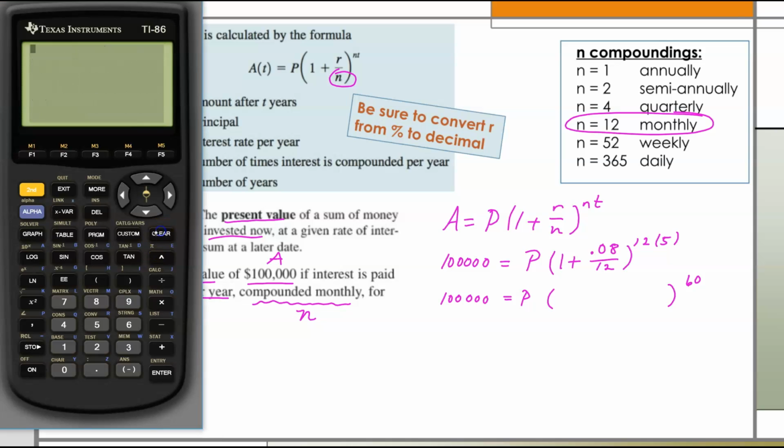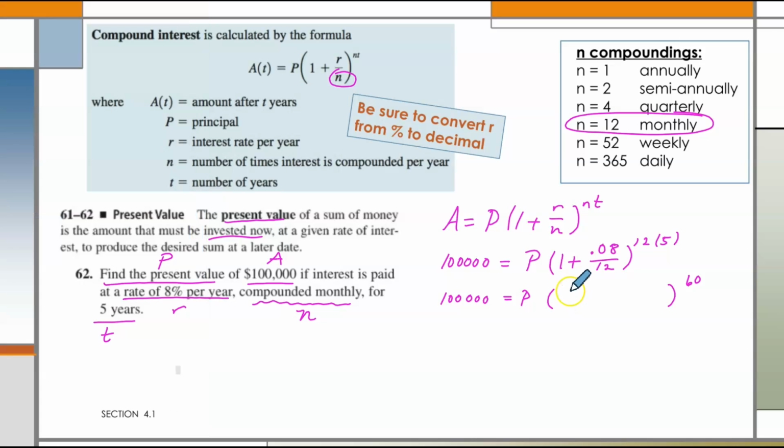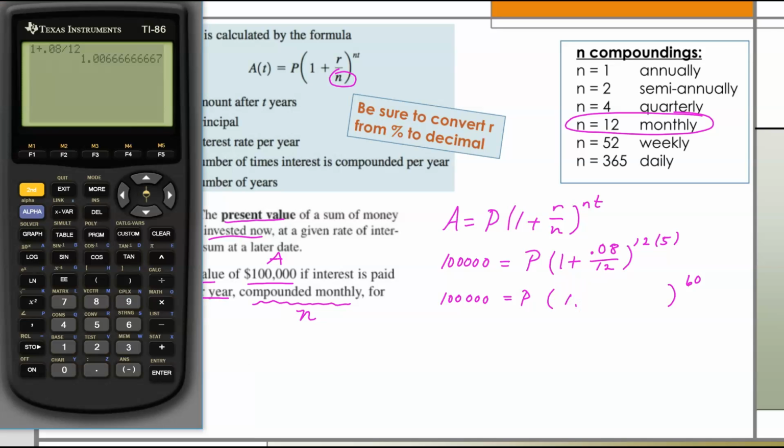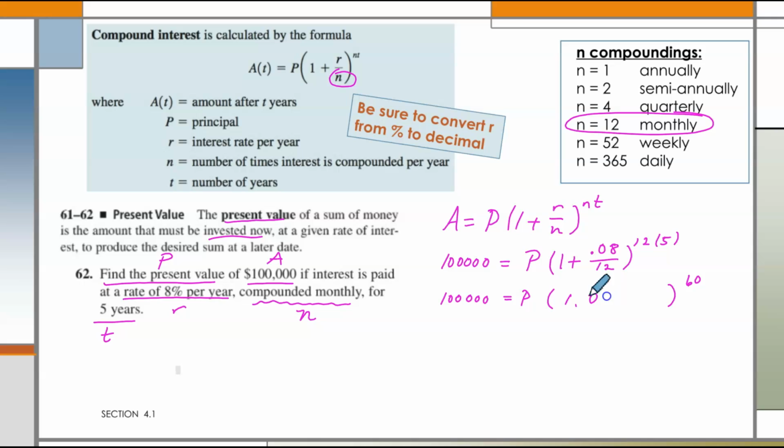Okay, so we're going to take 1 plus 0.08 divided by 12. That gives us 1.0067. Let's call it that. Okay, so next we're going to take that and raise that to the 60th power.